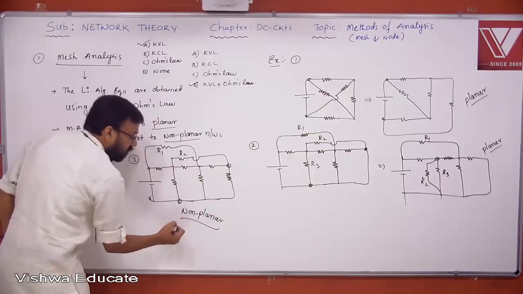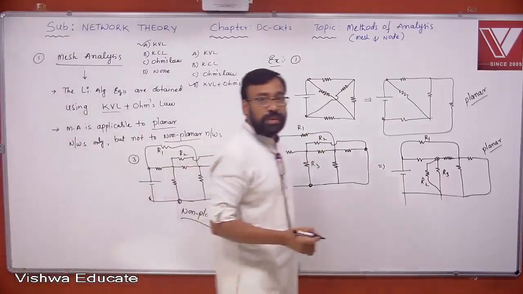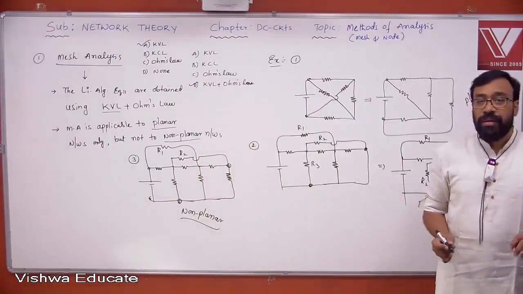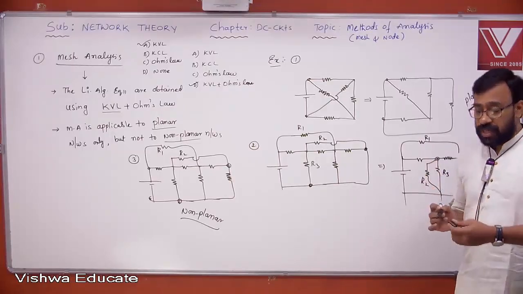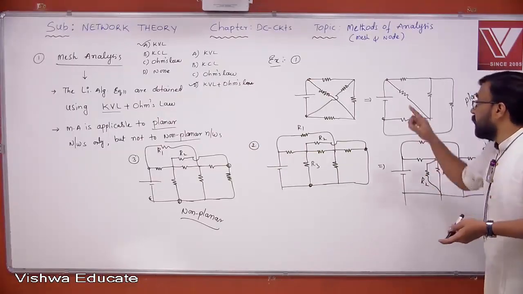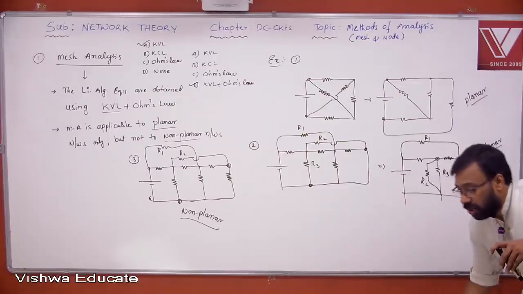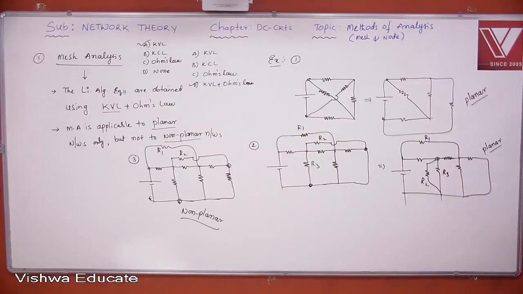Such networks cannot be solved by mesh analysis. Understand? Such networks cannot be solved by mesh analysis. Okay? So please note down these examples 1, 2, 3 for planar and non-planar quickly.